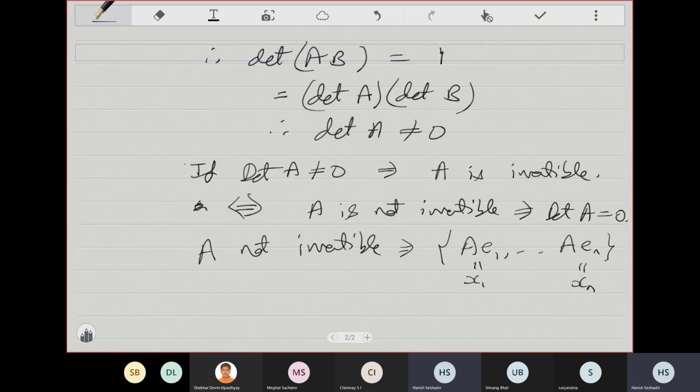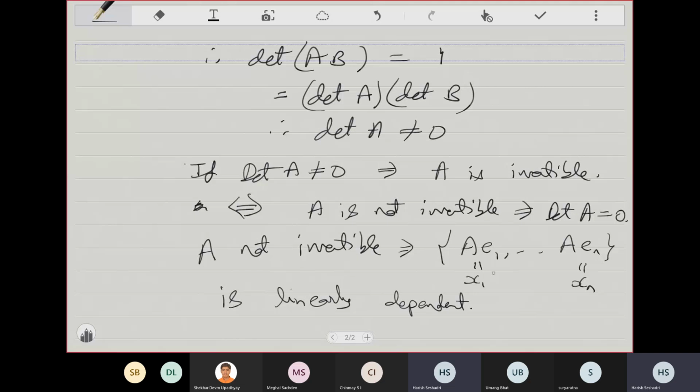Well, if A is not invertible, what can we say about this set of n vectors? Linearly dependent. Why? Well, if these vectors are linearly independent, then it will follow that A is 1-to-1, right?